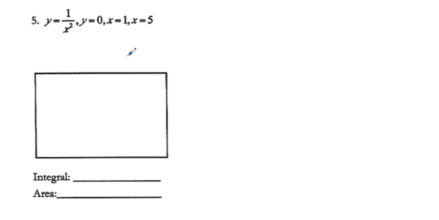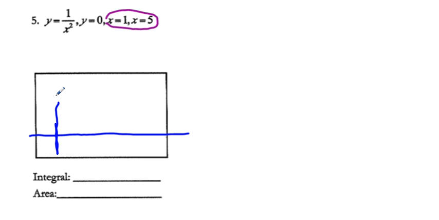Okay, number 5, we have y equals 1 over x squared and y equals 0 between x equals 1 and x equals 5. Well, if we graph 1 over x squared, I'm going to just kind of leave it like this over on the left.